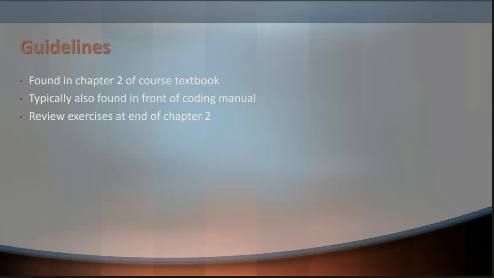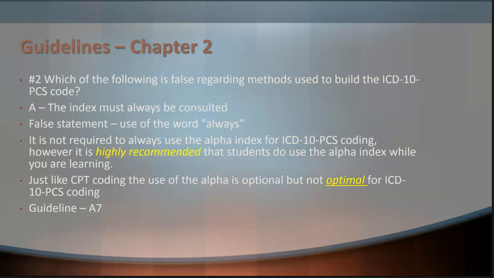At the end of Chapter 2, there are some exercises that I wanted to highlight in this presentation. One of the reasons I'm highlighting this particular exercise is because it's a common way that a multiple choice question is written, especially on the national exams.